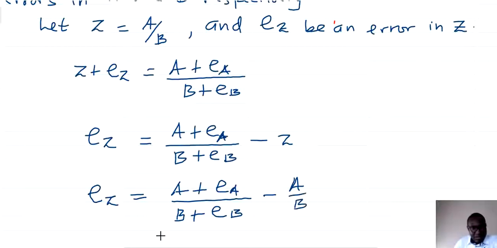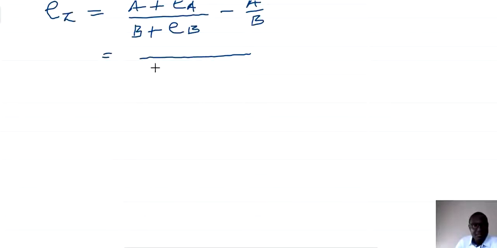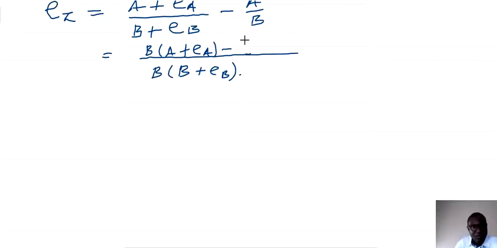Can you get the LCM there? The LCM, so our LCM is B into bracket B plus error of B. So LCM divided by this, you will have B multiplying A plus the error in A, minus this LCM divided by B, we shall remain with A into bracket B plus error in B. Then we are going to open the brackets in the numerator.